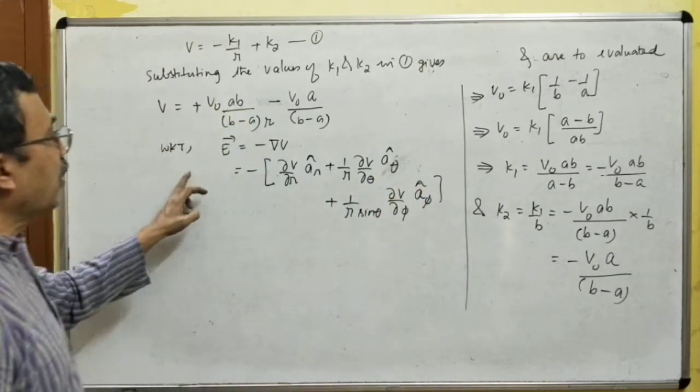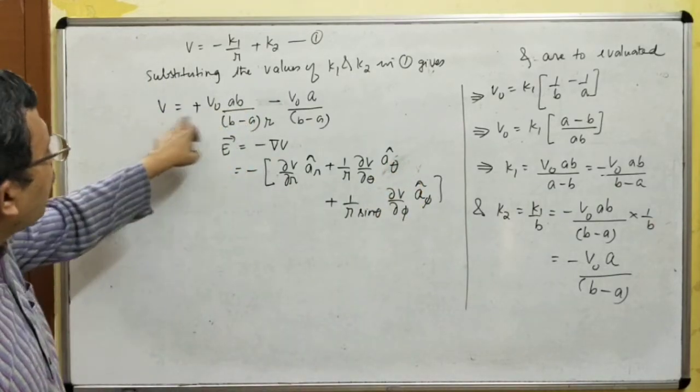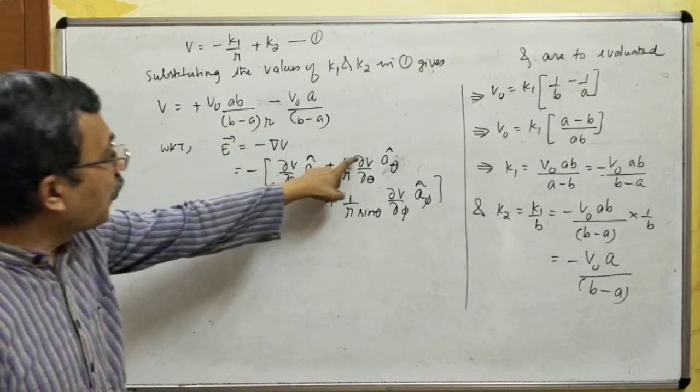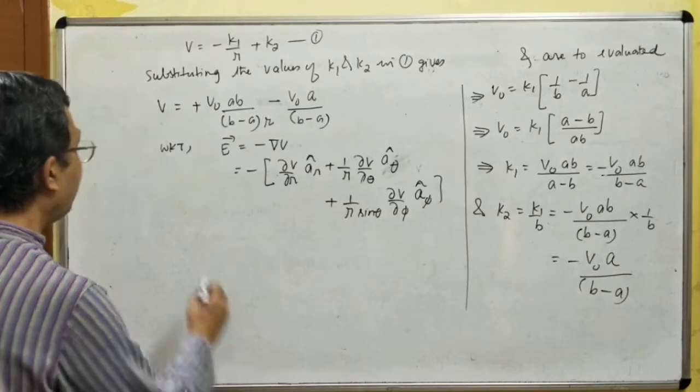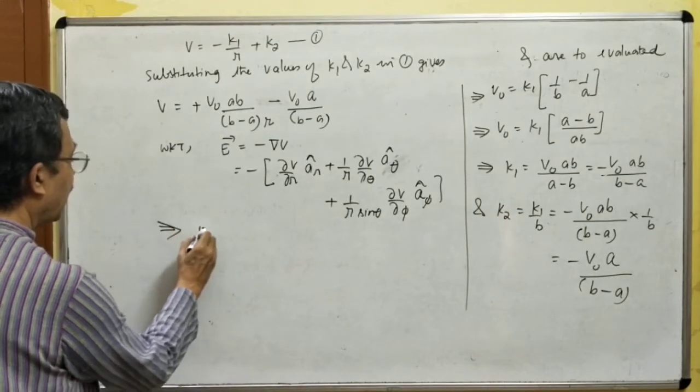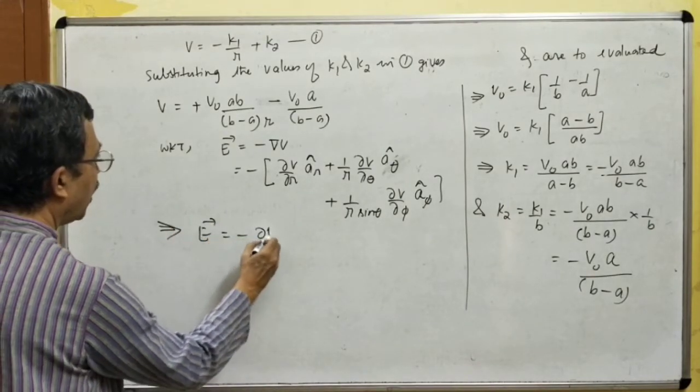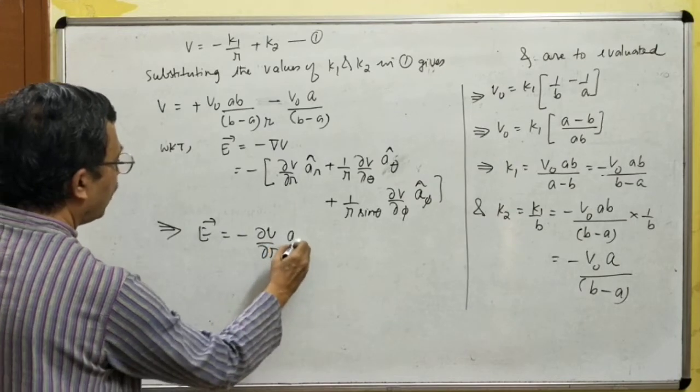V is a function of r only. Therefore, dou V by dou theta will be 0 and dou V by dou phi will be 0. This implies vector E is equal to minus dou V by dou r into a r cap.